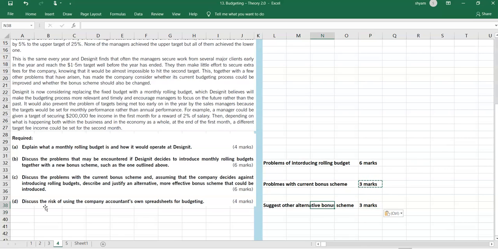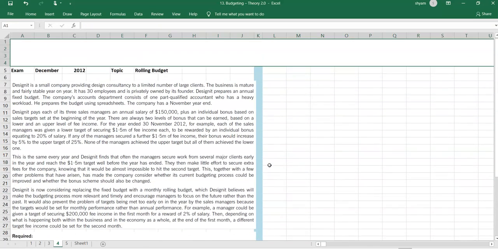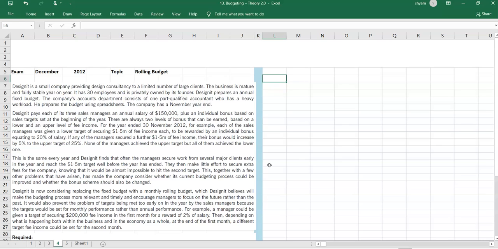So this is like a general question. Discuss the risks of the company's accountant using spreadsheets for budgeting. That could be a very general question. I think we don't need to discuss that. We will discuss these things which are quite important.